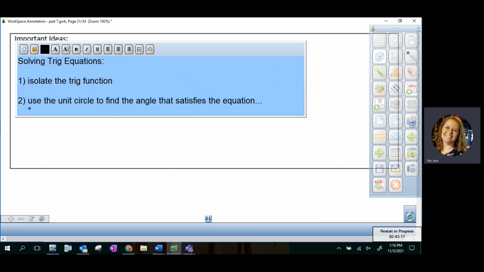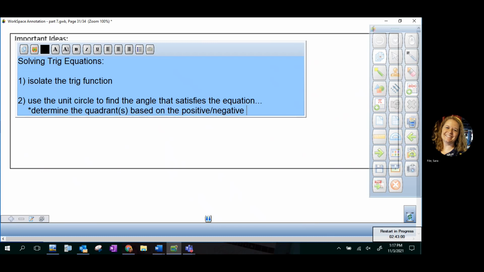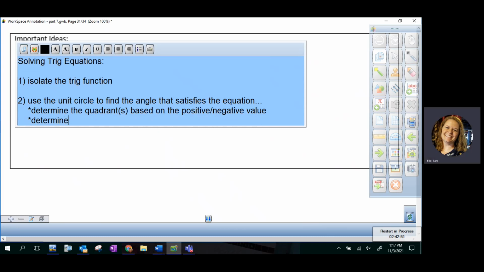The strategy I gave you is to determine the quadrants based on the positive or negative value. And then determine the reference angle for that value that you found.